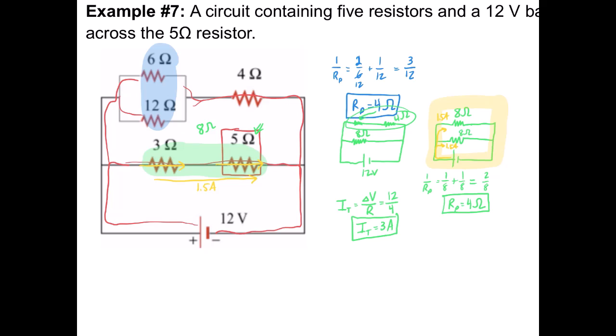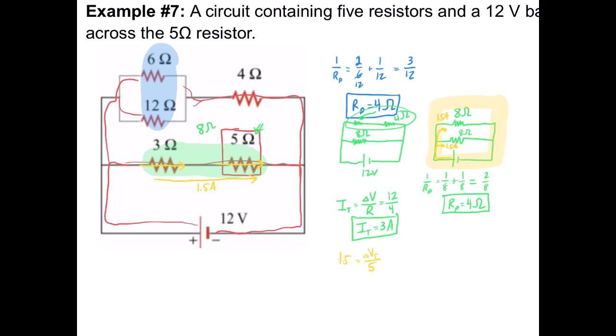And so the question is about the 5 ohm resistor there, and so I'm going to go current through the 5 ohm resistor is equal to the potential difference across the 5 ohm resistor divided by its resistance, which of course is 5 ohms. Now the current going through that we did say was 1.5, so I'm going to go ahead and replace that with 1.5.